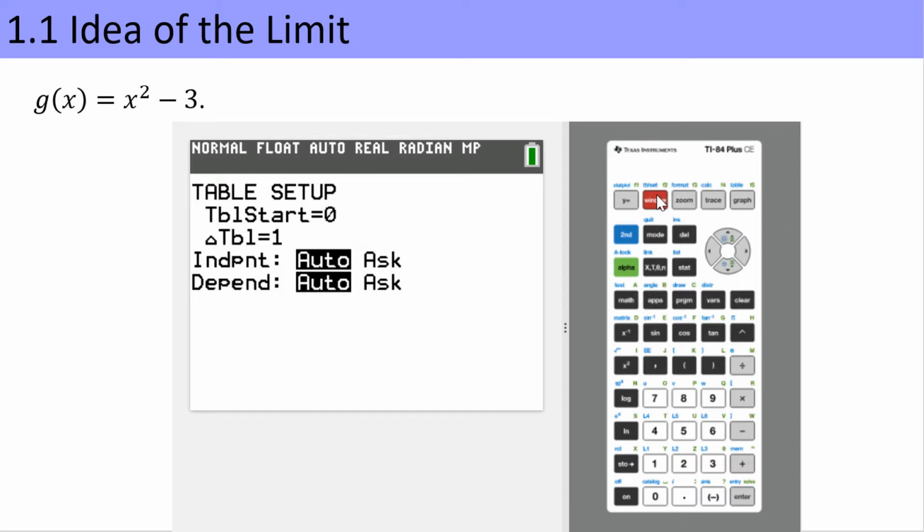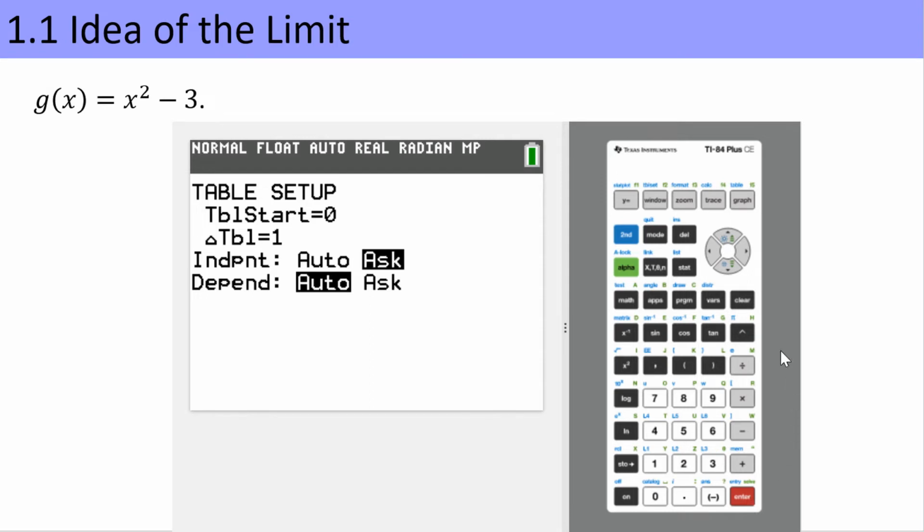At this point, we don't really care what the table start is, nor what the delta table is, because we move down to independent and select Ask. We get to put in the values and then select enter.